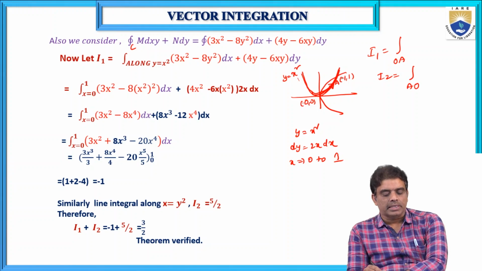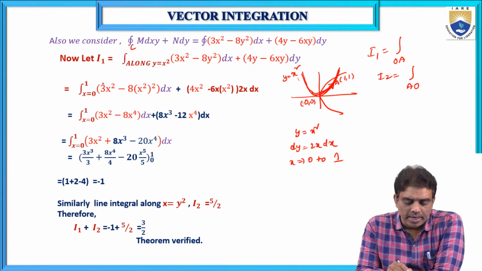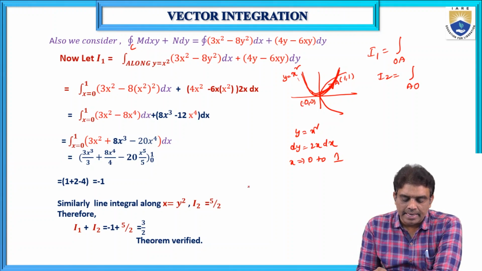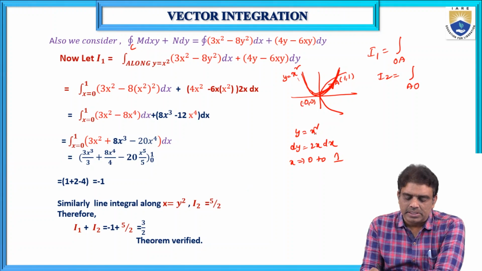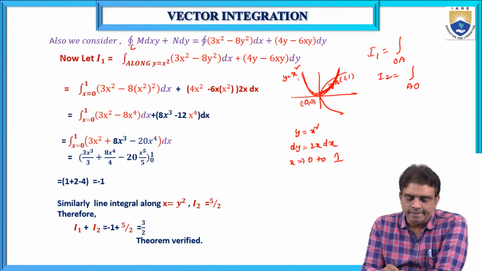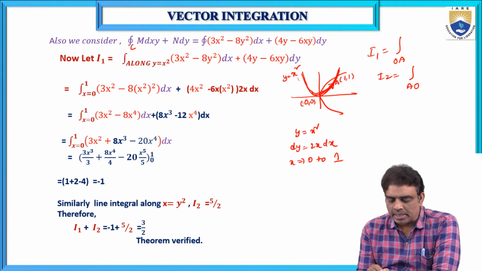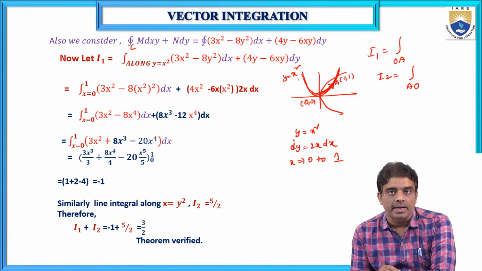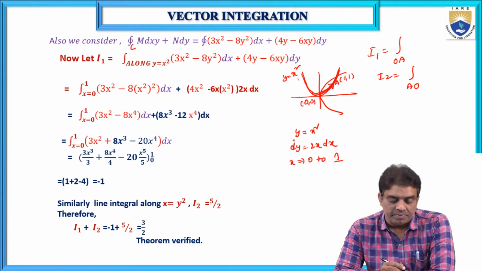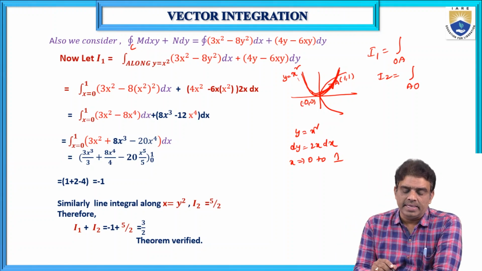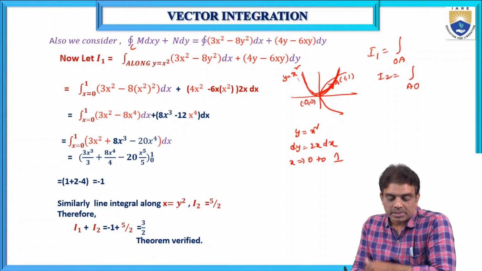That is our objective. So integral 0 to 1, 3x square minus 8 into y square, y means x square whole square, dx. Substituting the value of y is equal to x square, the total function will be in terms of x only. Wherever you have y, that will be replaced by x terms.